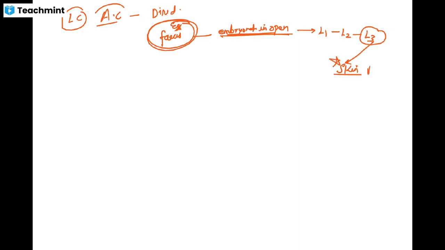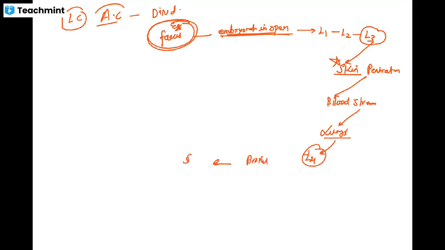Then it reaches the bloodstream, then the lungs, where it develops into L4, then the trachea, and is swallowed, reaching the small intestine. Here also the tracheal route of migration is present.